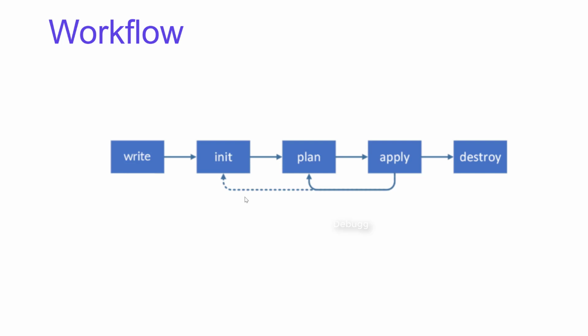At that time, Terraform contacts the cloud providers using APIs and checks what we need to create and what changes need to be made in the infrastructure to create those resources, and it shows the full plan: what to create, what to change, and what to delete.